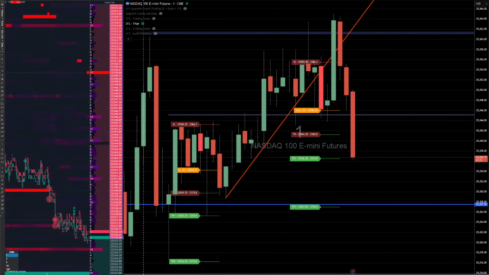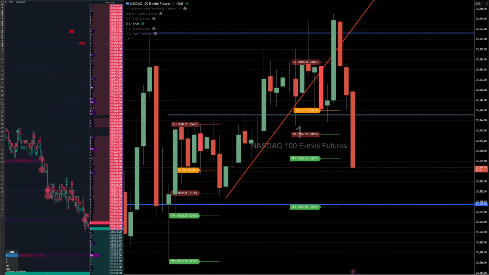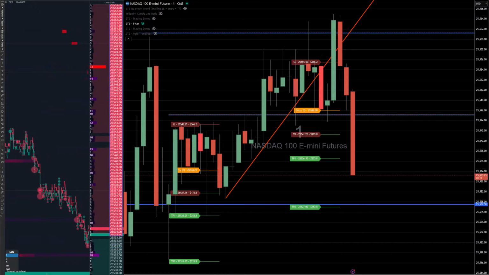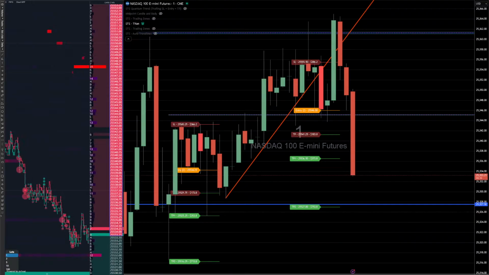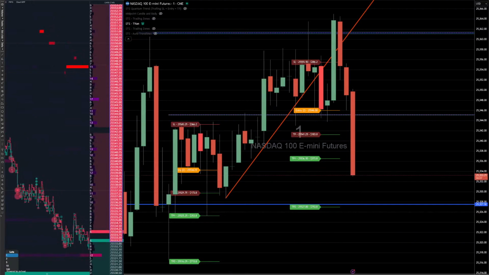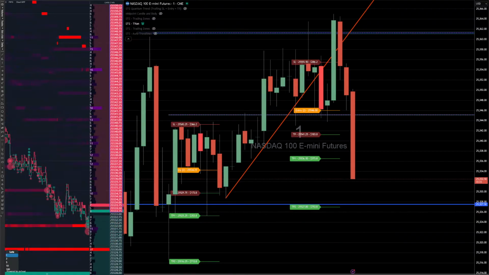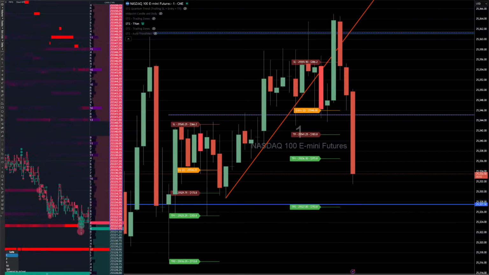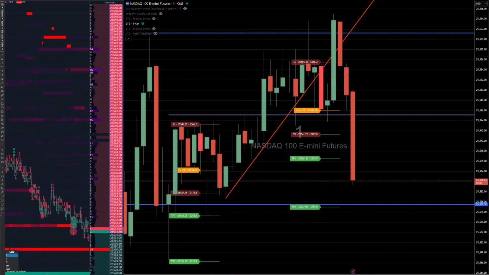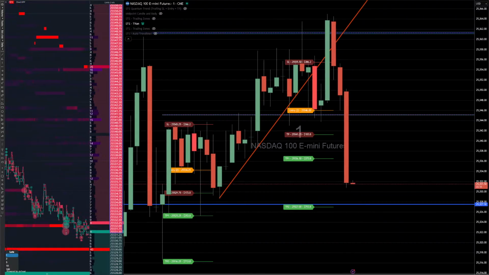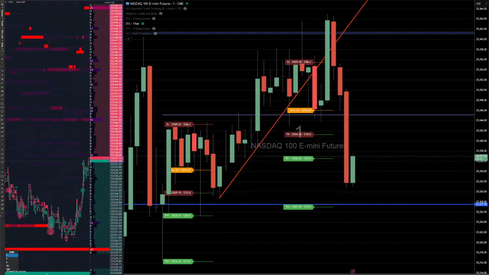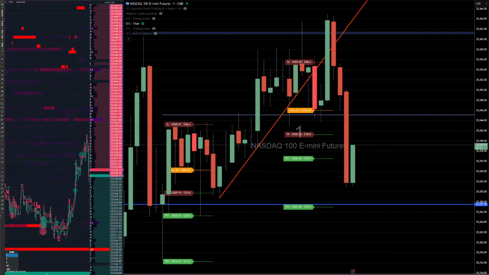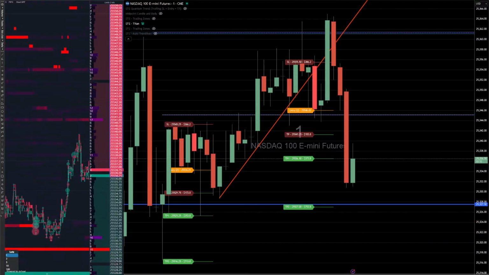I could see it going down a little bit to the 25,380 area, but I think it ultimately wants to go back up to those highs and then go down, or maybe go up into another high volume area and then push back down. I think we're ultimately going to be going down, but I think it wants to get up to those highs first. So basically up, down, down, up, left, right, down, up, down, up. Yeah, exactly. Verbatim. That's funny.